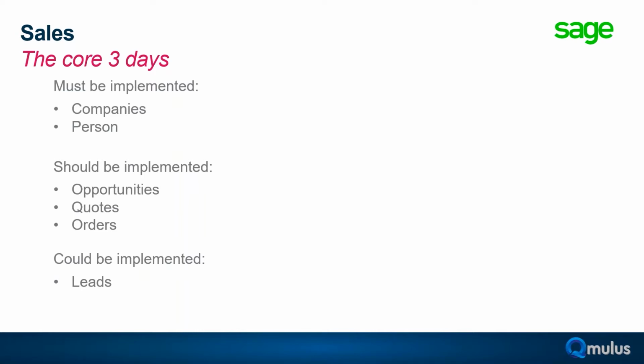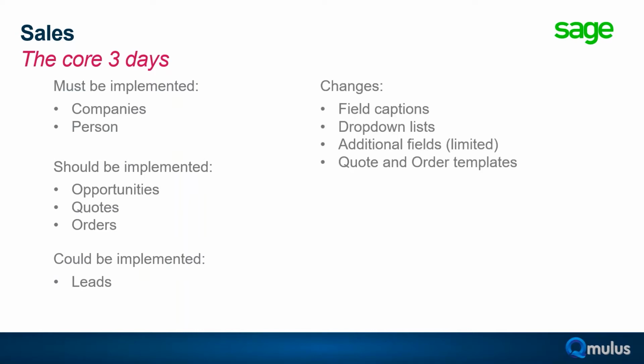So what we then specify within our 3-5-7 plan is that changes should generally be restricted to very basic parts of the system, such as field captions, drop-down lists, some additional fields. There is a limited amount that we actually allow as part of the plan, and also quote and order templates. We would suggest you create a default set of quote and order templates that look relevant to your region.